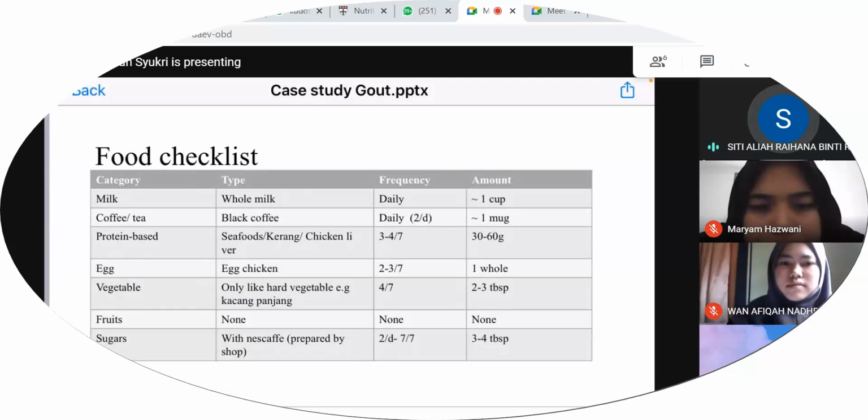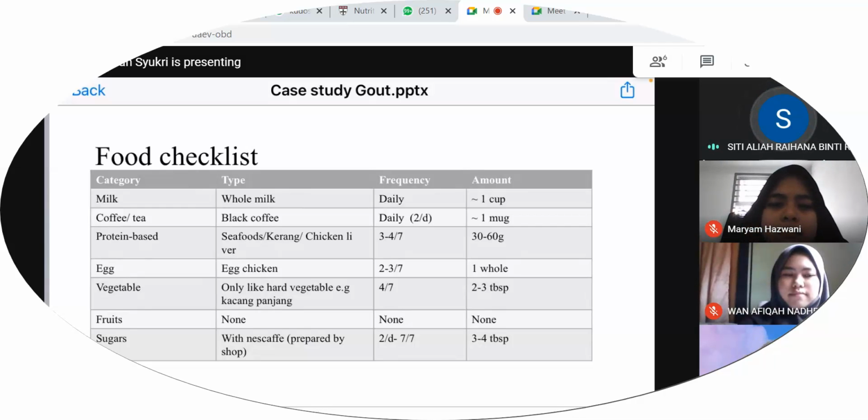So the patient did not take the fruit, which is actually essential for the gout patient, to eat more fruit and vegetable and whole grain.